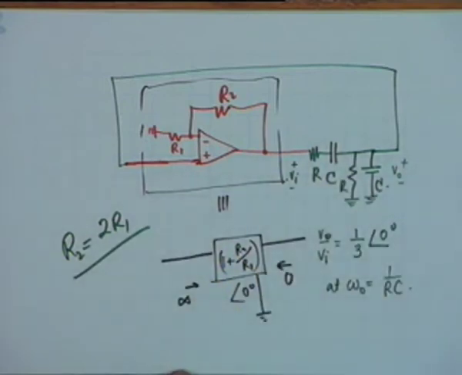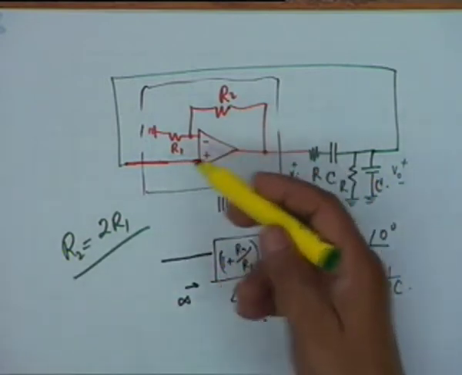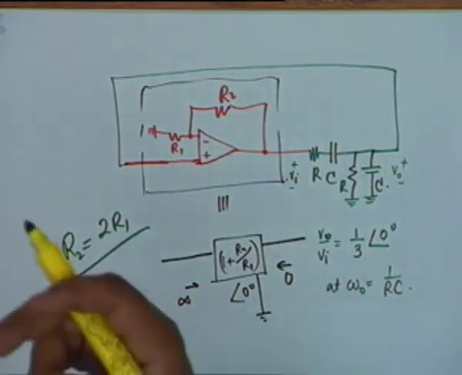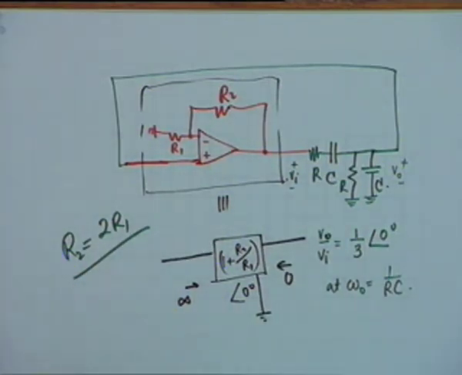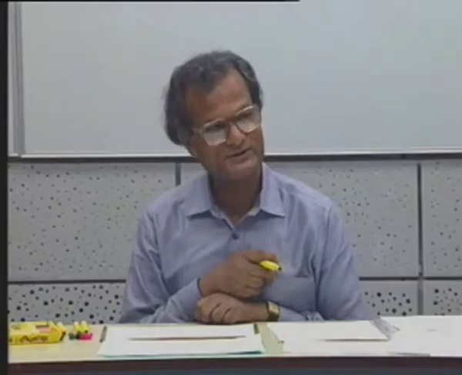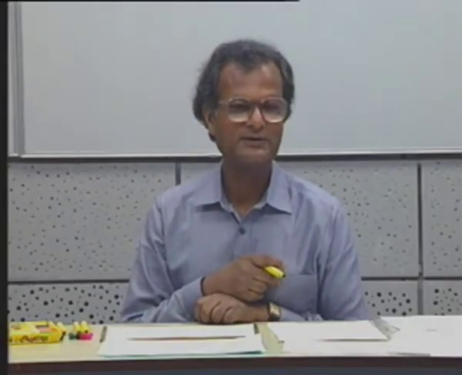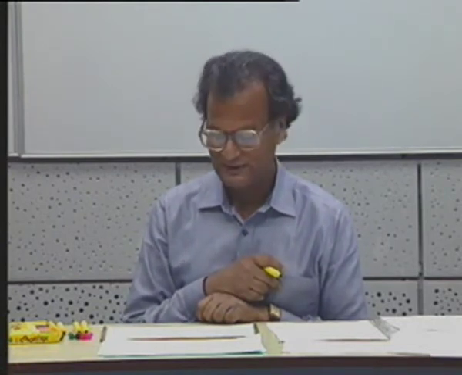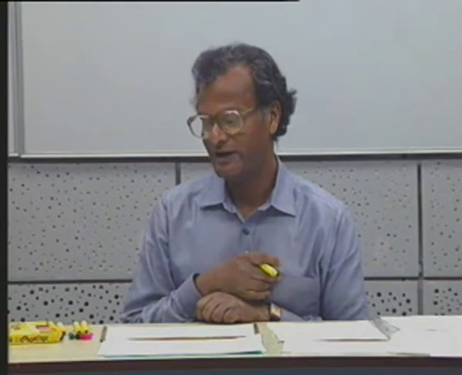And this circuit contains 4 resistors, 2 capacitors. You can make it in the laboratory in 10 minutes, and you can see oscillations, beautiful sinusoidal oscillations. One op amp, you take a 741 and make connections R2 and R1.